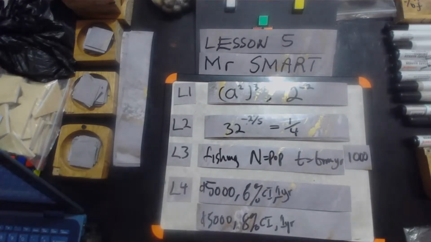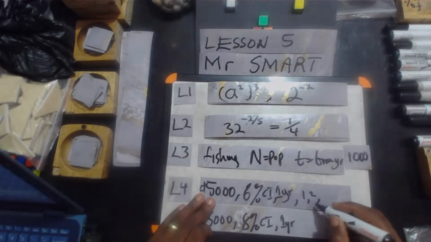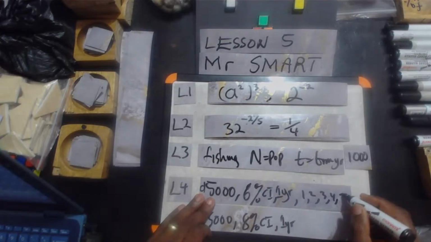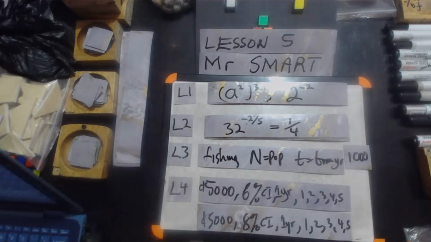So calculate the investment value after 1, 2, 3, 4, 5 years for both options. So we want to find out the investment value after 1 year, 2 years, 3 years, 4 years, and 5 years. What will it be?